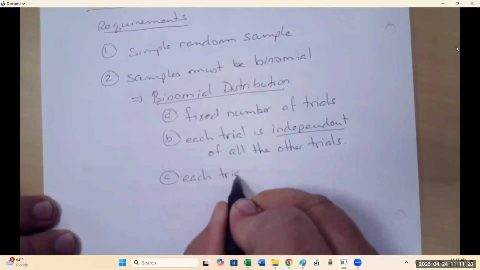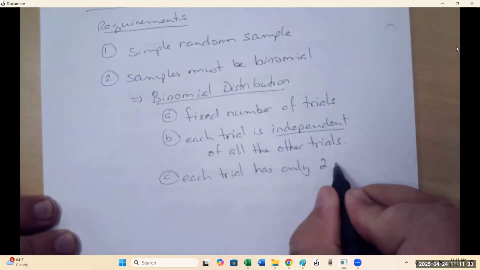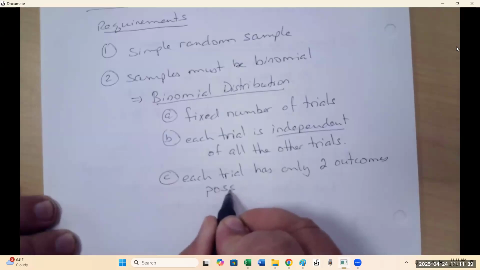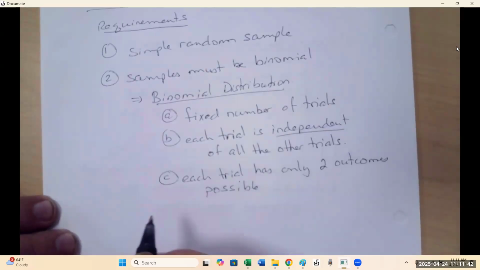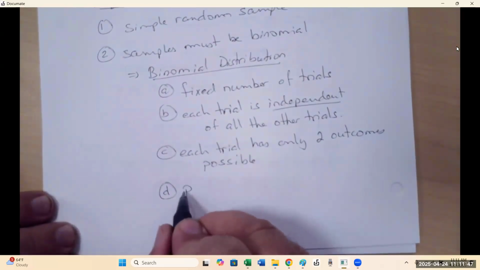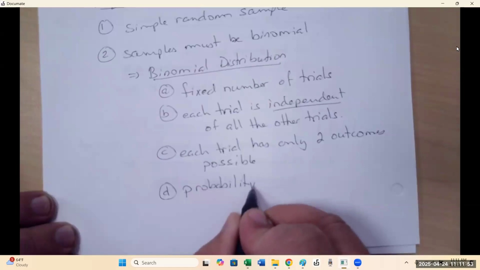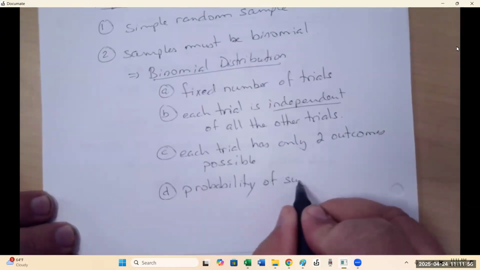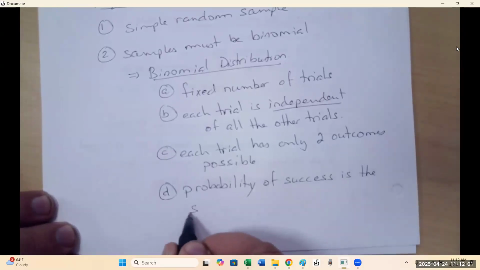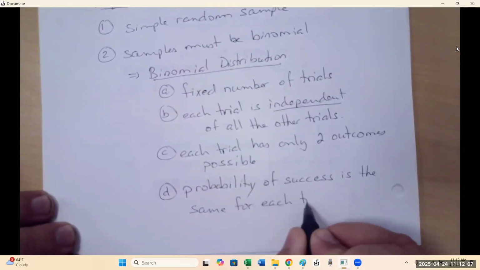Each trial has only two outcomes possible. And the probability of success is the same for each trial.